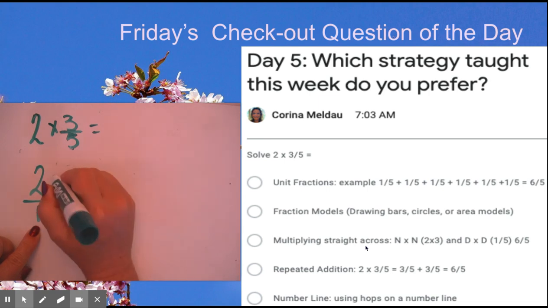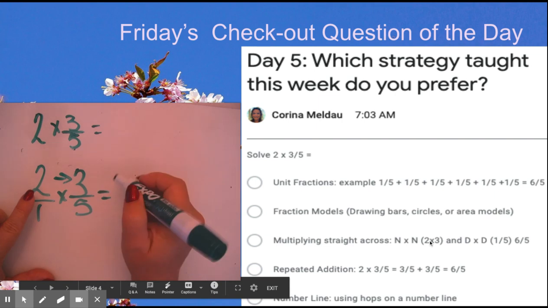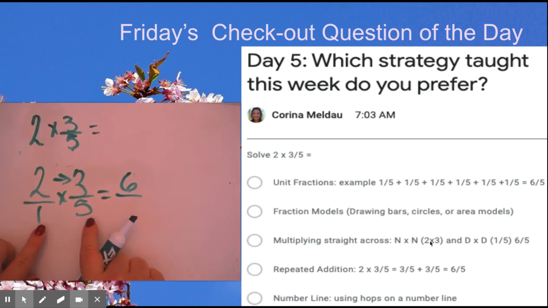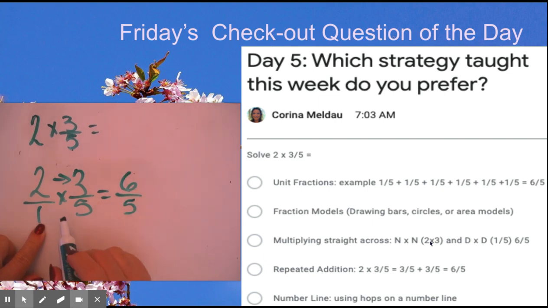And you just multiply the numerator times the numerator, and that's what that says right here, which is 6. And then you multiply straight across the denominators. 1 times 5 is 5. When you are multiplying, you do mess with the denominator.